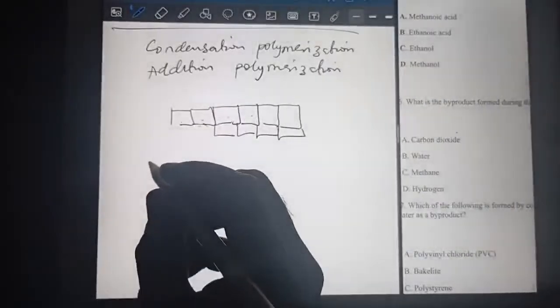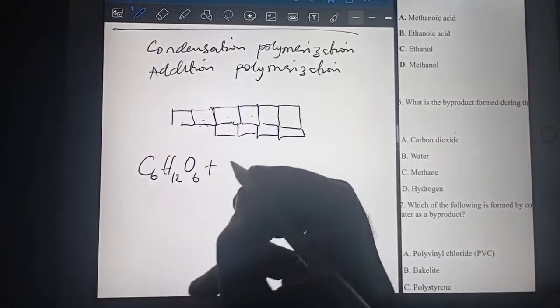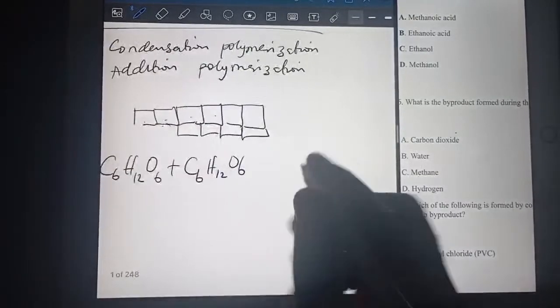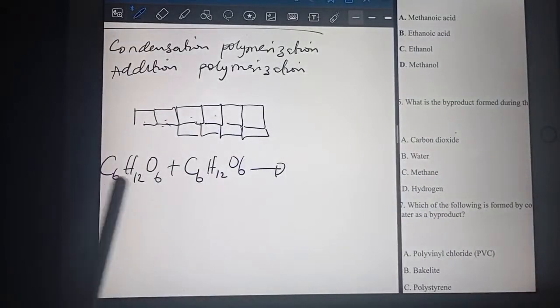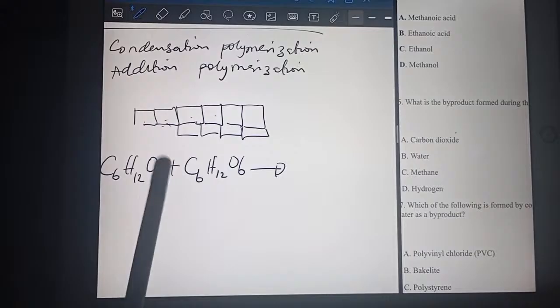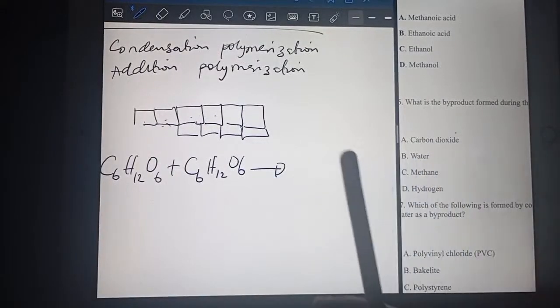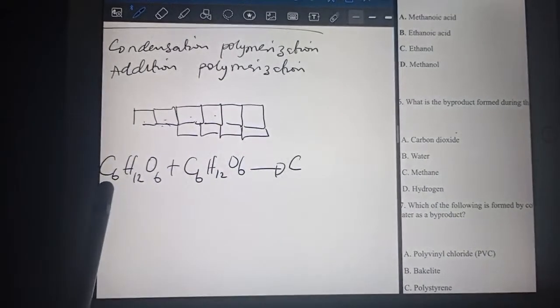For instance, we have C6H12O6 plus another C6H12O6. Normally, if this is addition polymerization, addition means you add up, nothing is lost. The exact thing you invested is the exact thing you get. Just like addition reaction. Remember, in all addition reactions only one product is formed and no mass is lost. So we see that this is additive, this is 6 plus 6.